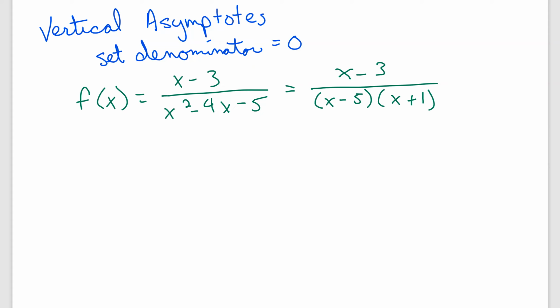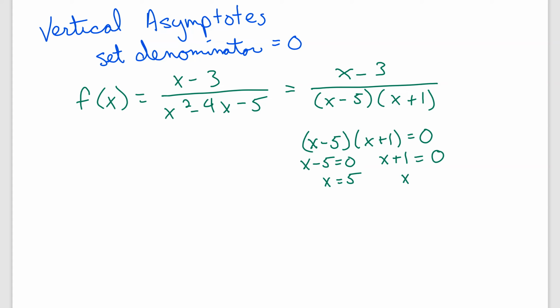And so then I'll set my denominator equal to 0. x minus 5 times x plus 1 equal to 0. So x minus 5 equal to 0 and x plus 1 equal to 0. So x is equal to 5 and x is equal to negative 1. These are my vertical asymptotes.